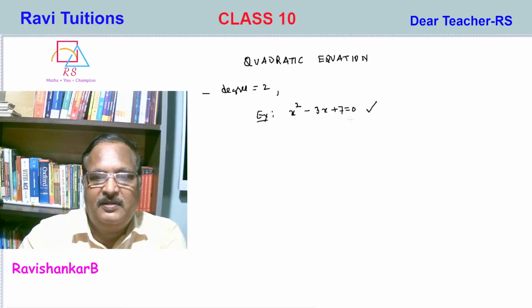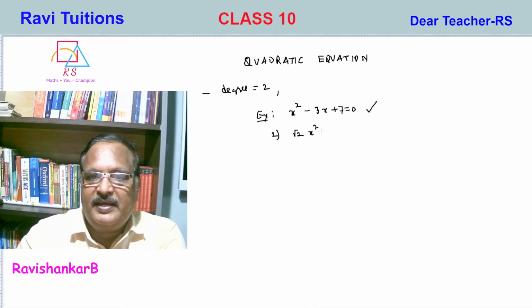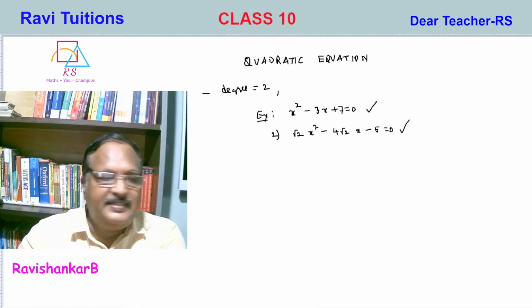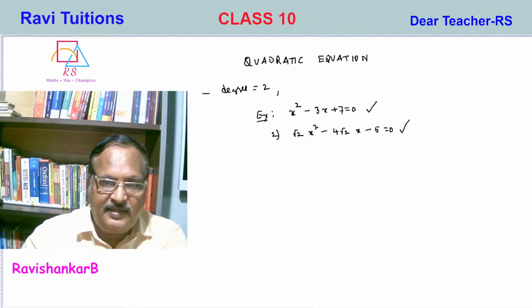One more example: root 2 x square minus 4 root 2 x minus 5 is equal to 0. Even this is also a quadratic equation.